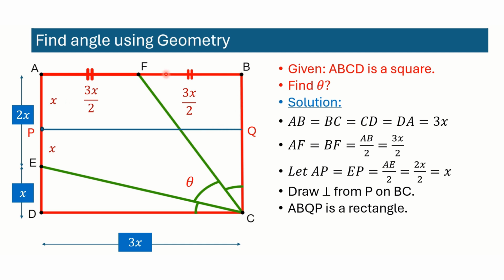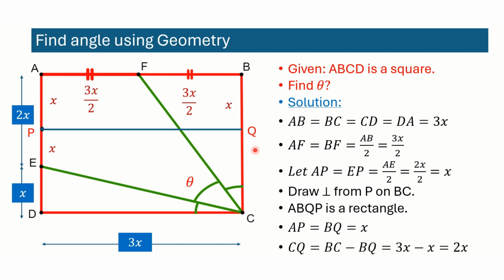Now this and this is 90, then this has to be 90. So now this is a rectangle. This means opposite sides are equal in a rectangle. So if this is x unit, then this will also be x unit.